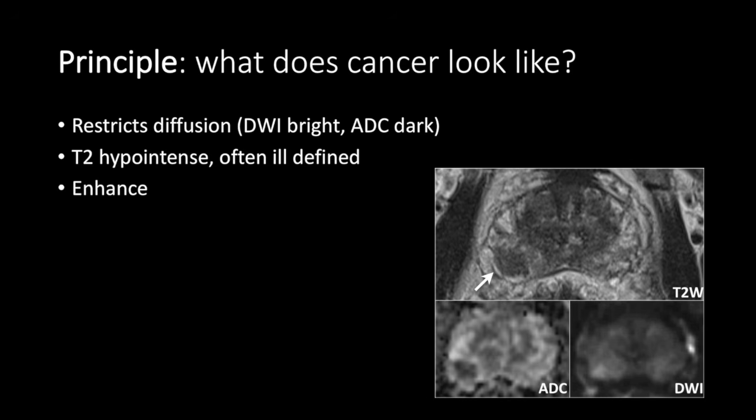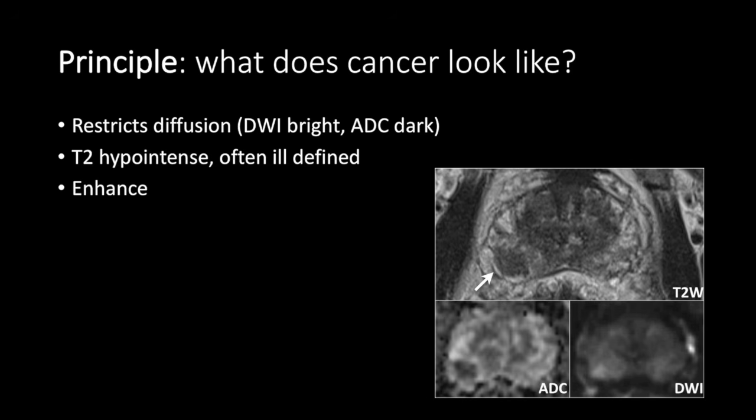A very basic principle that you need to understand is what most prostate cancer looks like. What are we looking for when we're looking at prostate imaging? Well, most of the tumors that we image are going to, one, restrict diffusion, so they're going to be bright on high B-value DWI, and they're going to be dark on ADC maps.